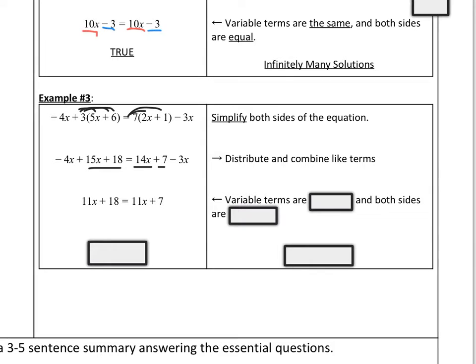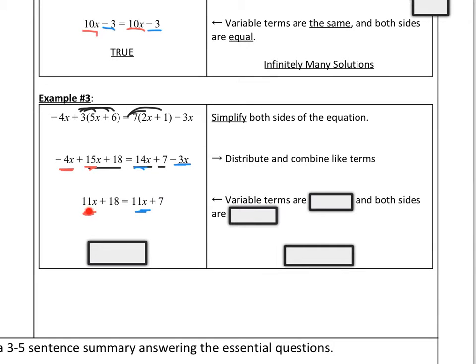After we've distributed, let's try to combine the like terms. We can see that these negative 4x and 15x will give us an 11x. The 14x minus 3x will give us an 11x here. Then we're left with the 18 and the 7.